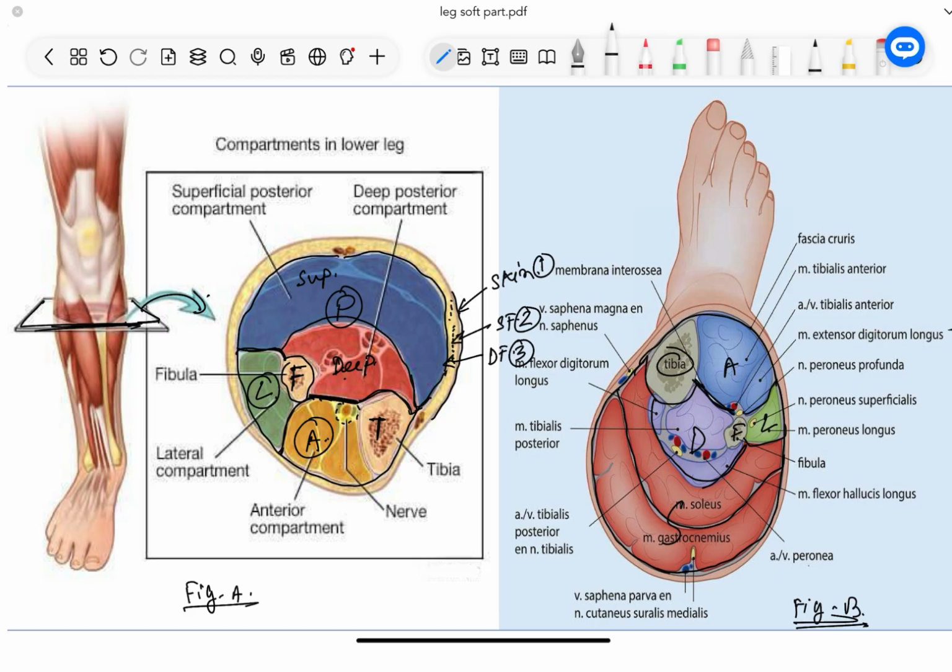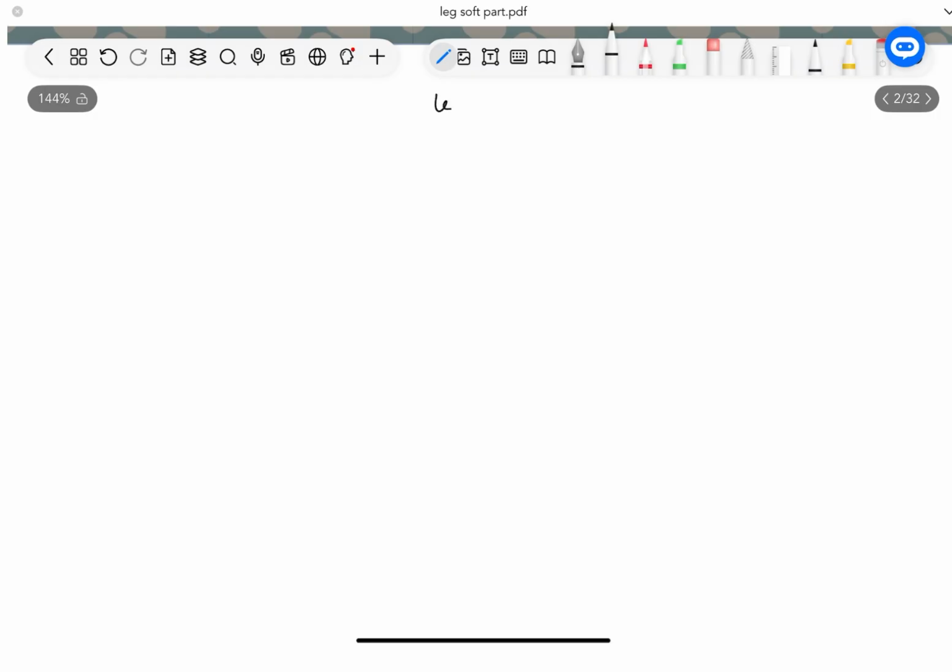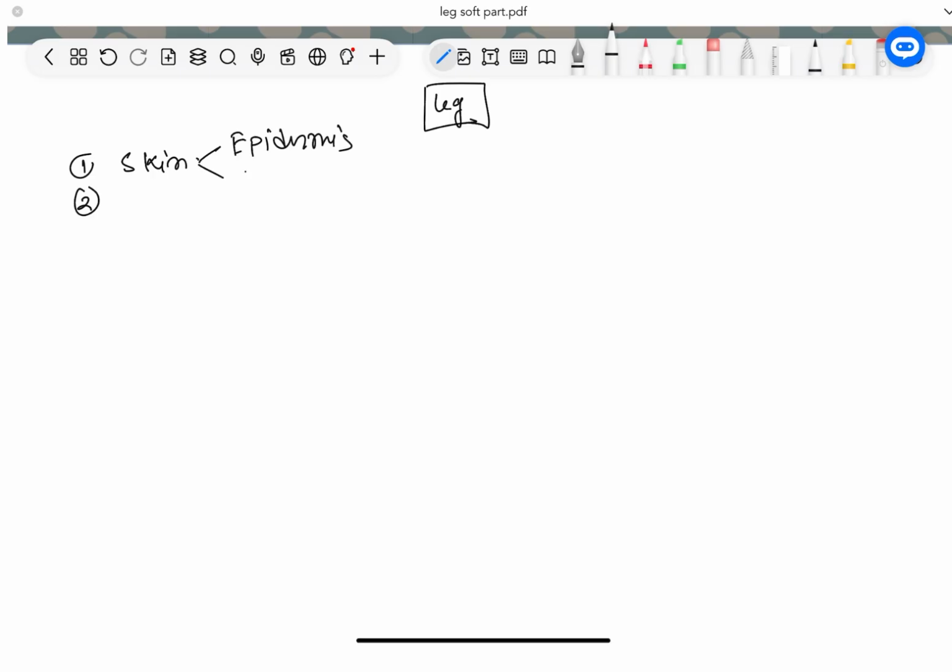Now dissection wise, if we start to move inside from superficial toward deep, what layers are we going to get? Let's summarize. Our topic of discussion is the leg, and the first layer is skin. Skin has two layers, epidermis and dermis.